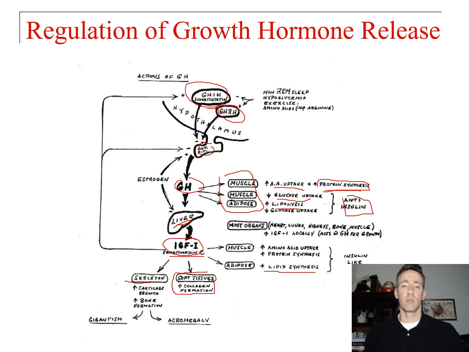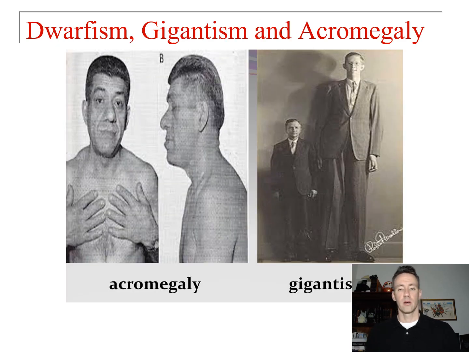Now, too much growth hormone at certain times will cause gigantism versus acromegaly. So let's take a look at that. Over here, excuse me, this is acromegaly, and this is gigantism. In gigantism, you can see the guy on the right, relative to, say, our average size individual to the left.